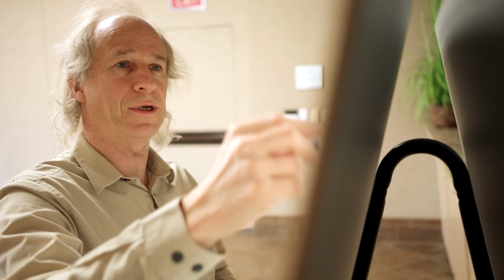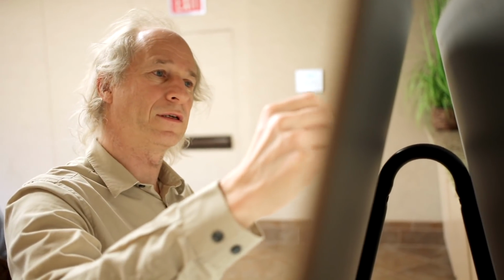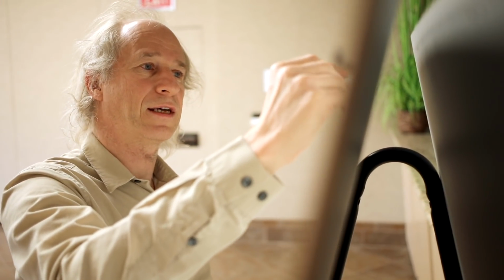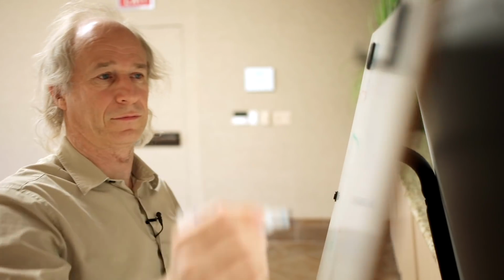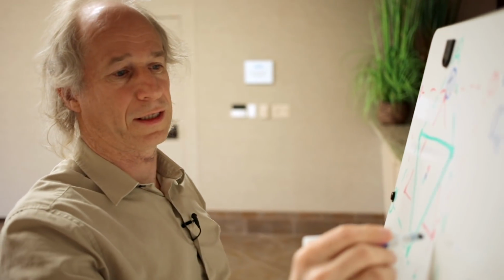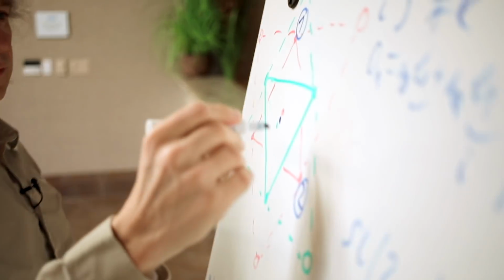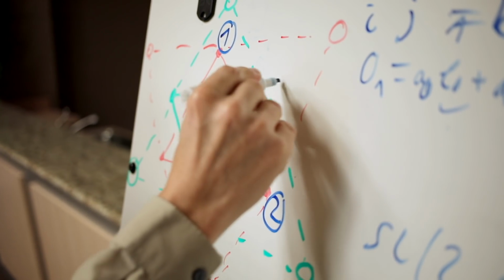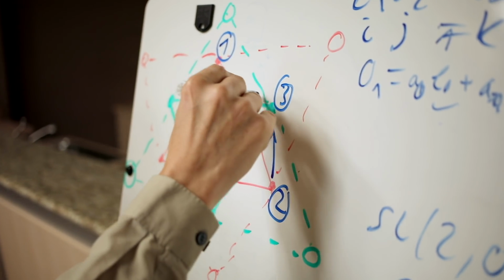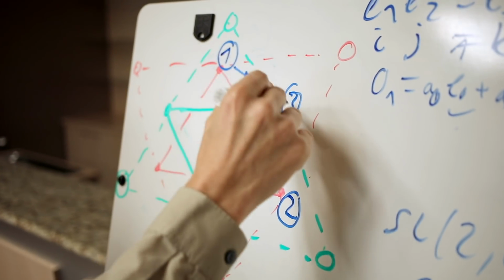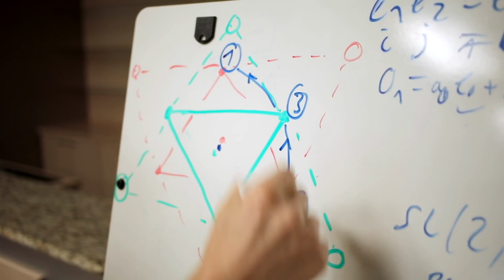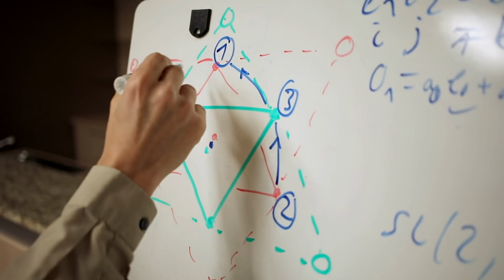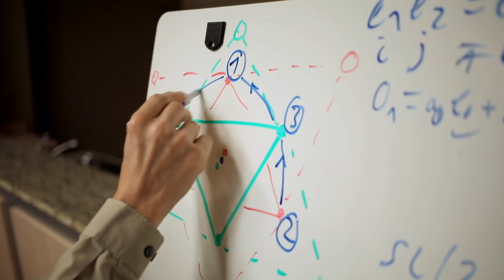Here I have 1, here I have 2, and then E1, E2 gives 3, and E3, E1 gives 2. I continue here.